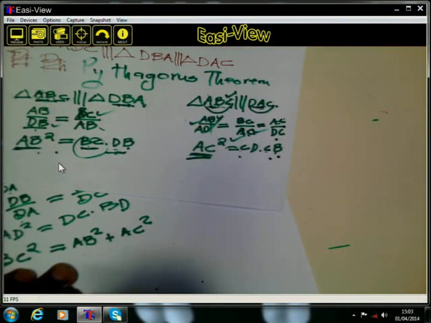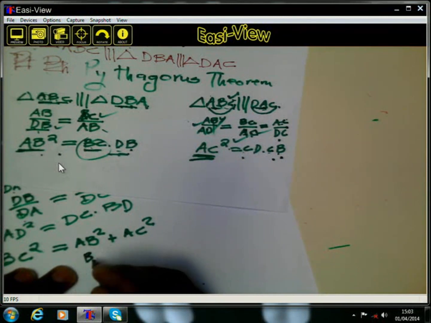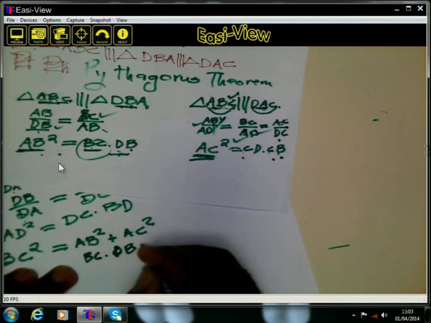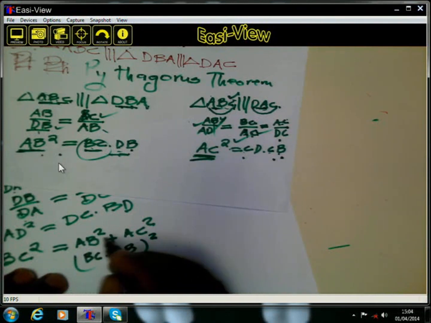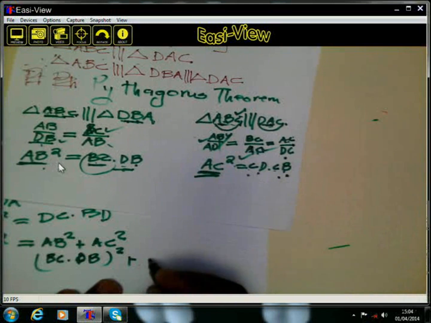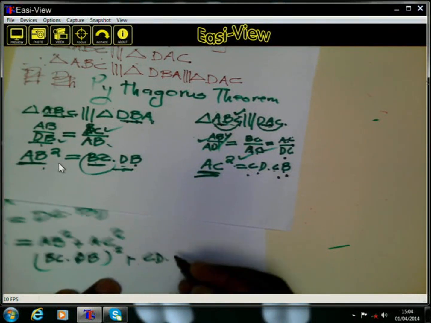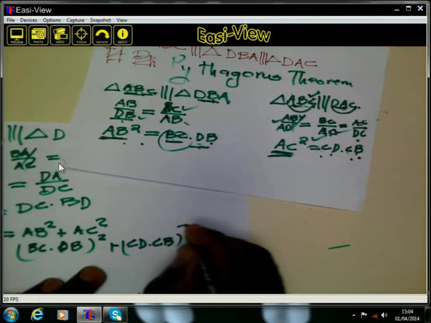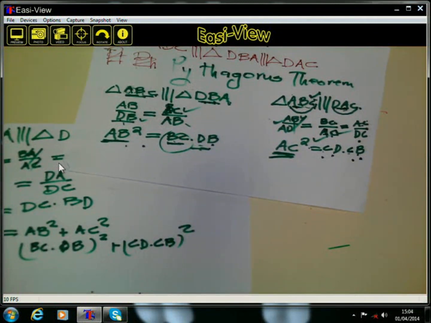From this is our AB. What is my AB? AB is BC multiplied by DB. This must be squared, remember, because AB squared plus AC squared. From this we have said AC is CD multiplied by CB. This must also be squared. Remember, that is what we are now looking at. Fine.